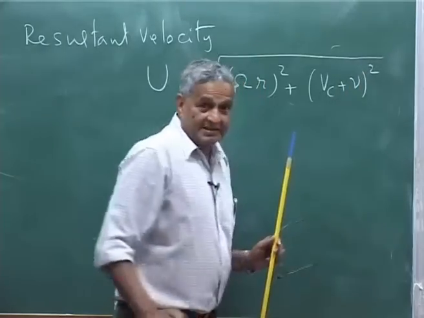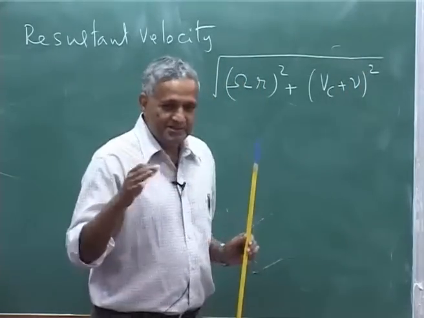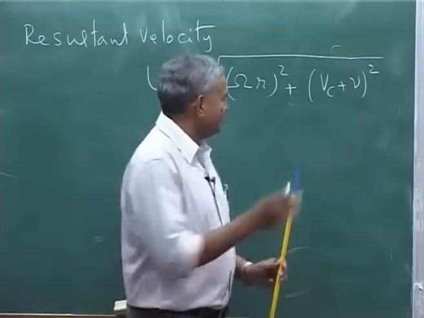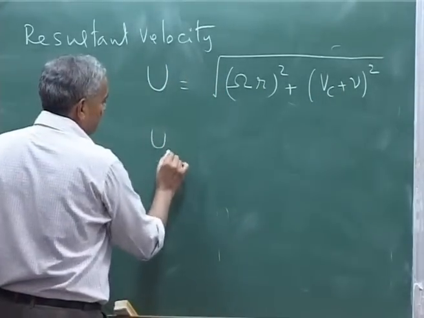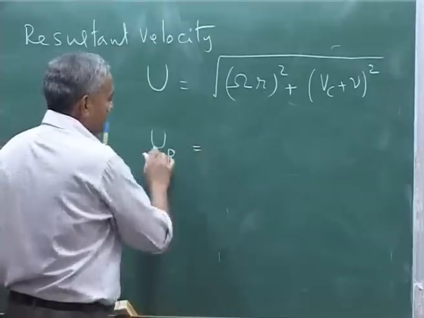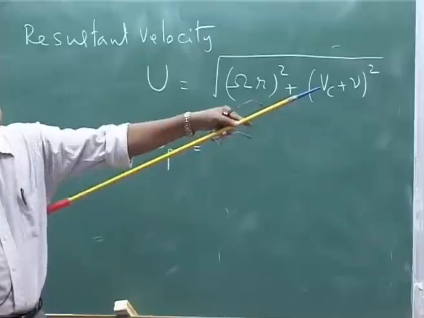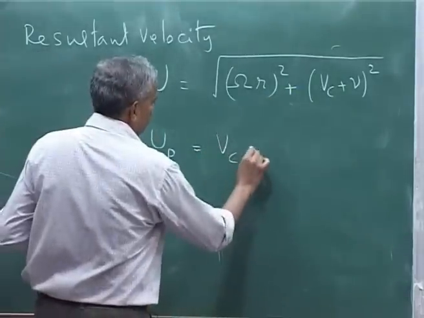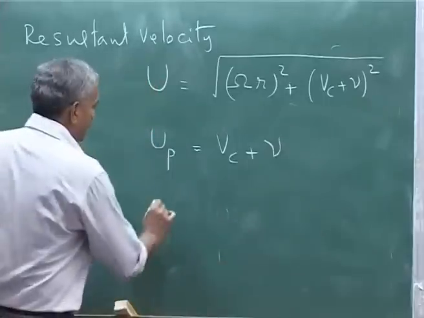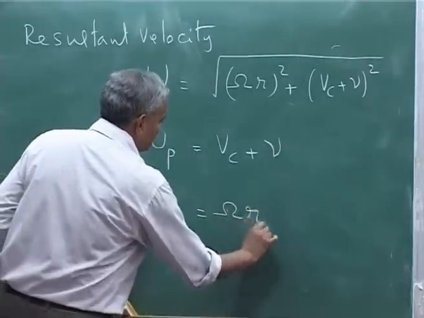This is my resultant velocity, but for simplicity, because every time you do not want to carry this, you use the symbol up, that is the velocity perpendicular to the disc. This you call Vc plus nu, and ut which is omega r.